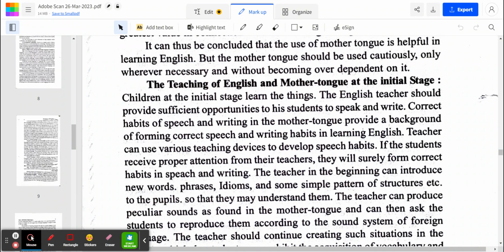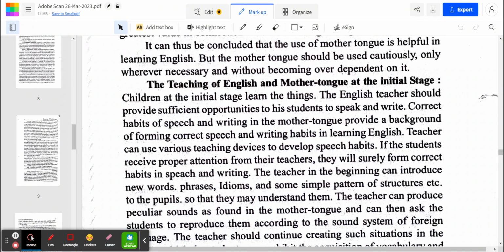The teaching of English and mother tongue at the initial stage. An English teacher should provide sufficient opportunity to his students to speak and write correct habits of speech and writing in the mother tongue, providing a background for forming correct speaking and writing habits in learning English.